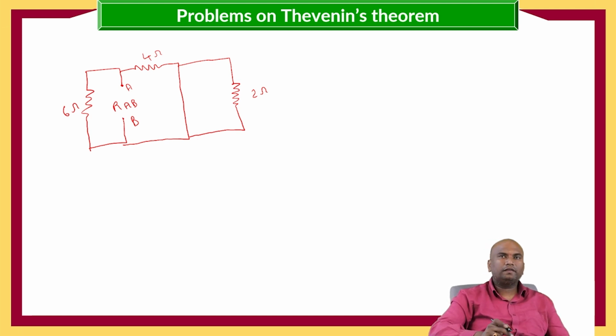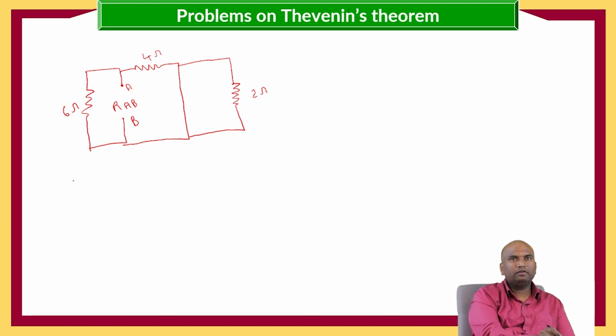Here it is. A short circuit is in parallel with 2 ohms. Short circuit resistance is 0, because it is going to have 0 resistance. When there is a 0 resistance, the equivalent resistance for parallel connected elements will be 0.